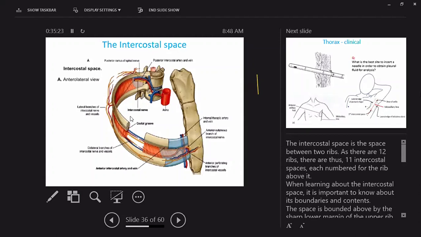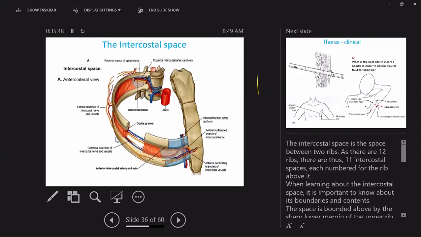So when you access the thoracic cavity, you have to make sure that you go from the top margin of the lower rib. So when you find your intercostal space between two ribs, you can feel a top rib and a bottom rib, right? So you find the bottom rib and then you go and you find the top margin of that.